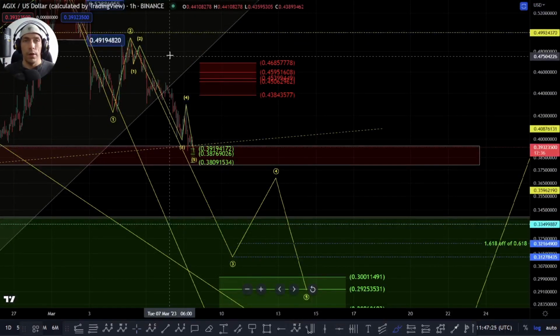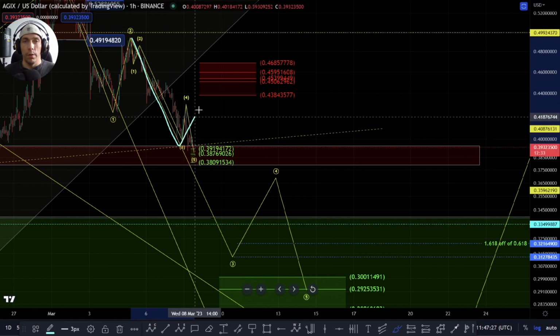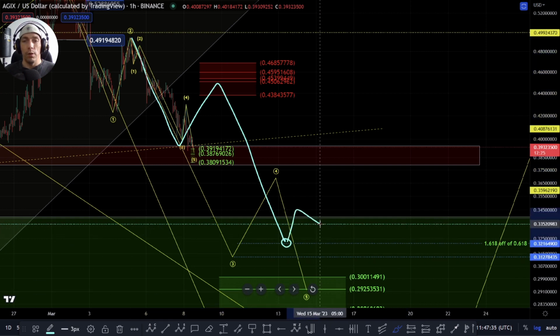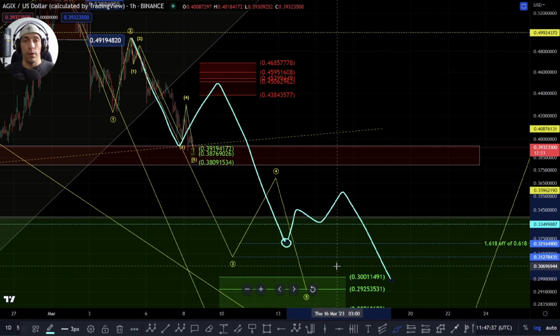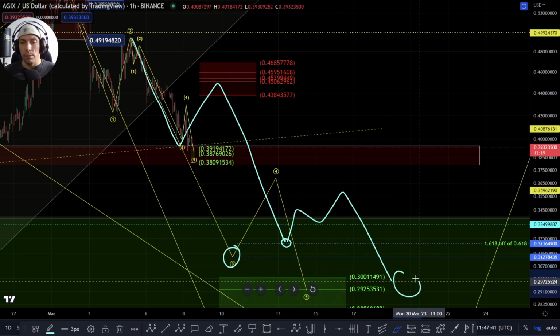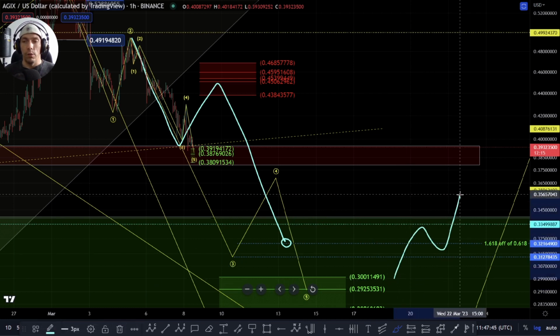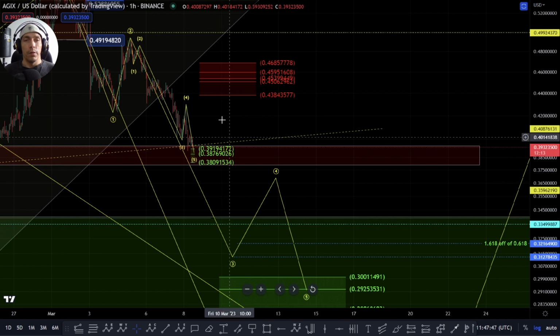So if we do break down here in a 1, 2, 3, this would be the zone we'd be looking for that third wave to play out, and then we'd be looking for evidence of that fourth and a fifth. If we do see that play out, effectively this third wave would move into this position, and we would get an additional fourth and a fifth down. So that's what I'm currently looking at.